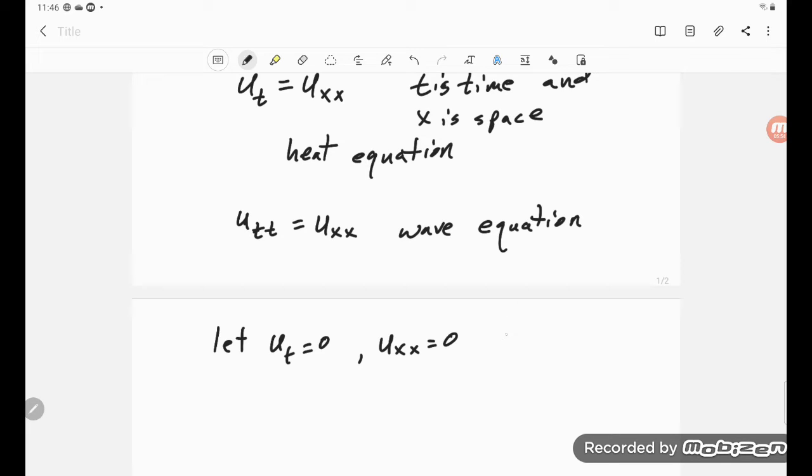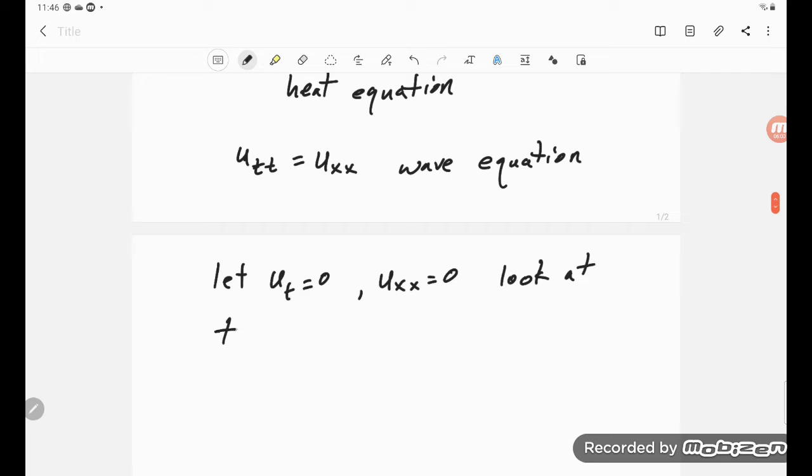But we also might look at two space variables. And so we might have something like u sub xx plus u sub yy is equal to 0, for instance.